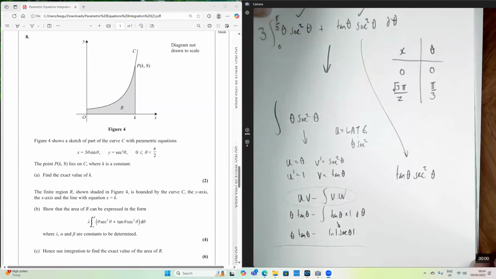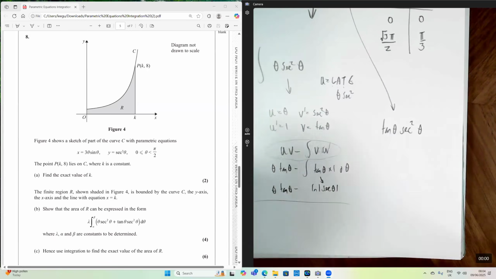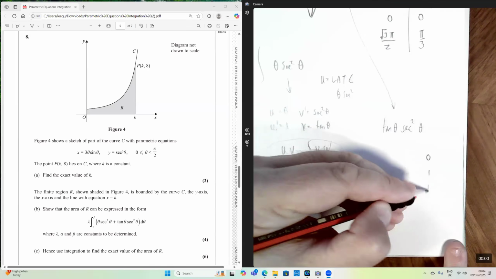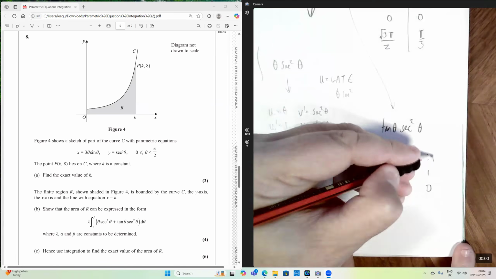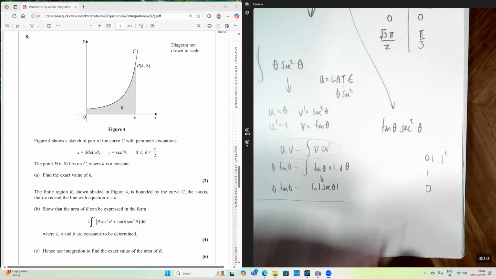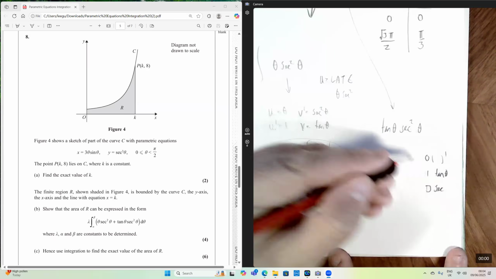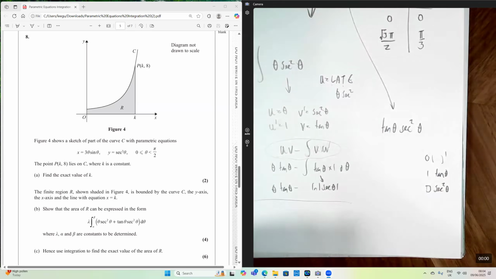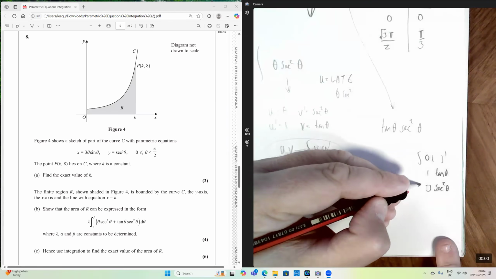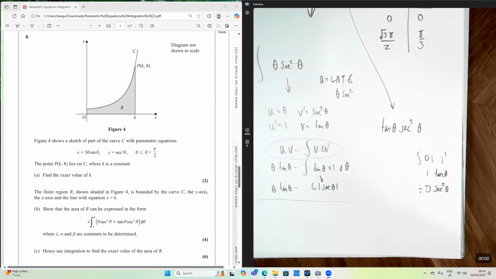Now this one looks to me like it could be chain rule in reverse, because if we think about an outer, an inner, and a derivative, my outer could be something to the power 1, my inner could be tan theta, and the derivative of my inner would be sec squared theta. So I would integrate the outer, divide by the derivative of the inner.